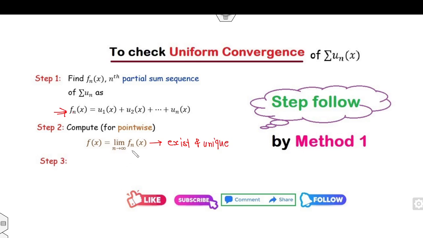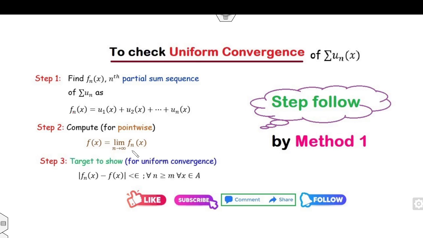And once we know the pointwise convergence, the third step is to check the uniform convergence, or we can also use the Mn test, which is defined as the supremum over the domain of |Fn(x) - F(x)|. We will find this limit. If it goes to 0 as n approaches infinity, then our series is uniformly convergent.